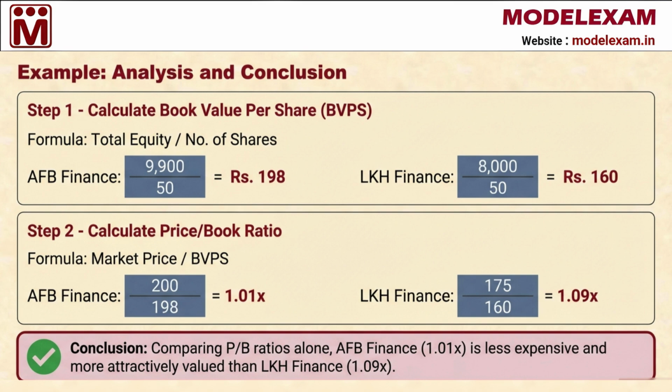For AFB, 200 divided by 198 equals 1.01 times. For LKH, 175 divided by 160 equals 1.09 times. Since 1.01 is lower than 1.09, we conclude that AFB Finance is less expensive and more attractively valued.